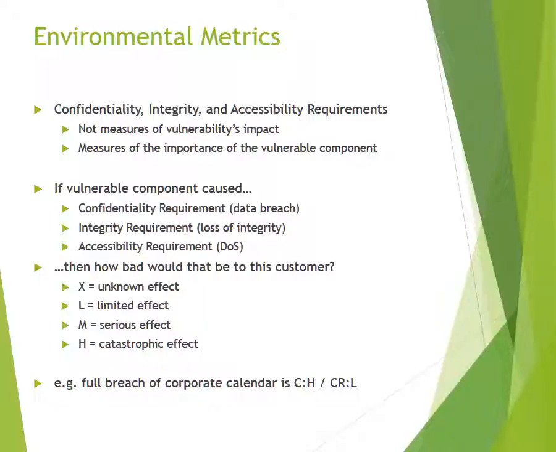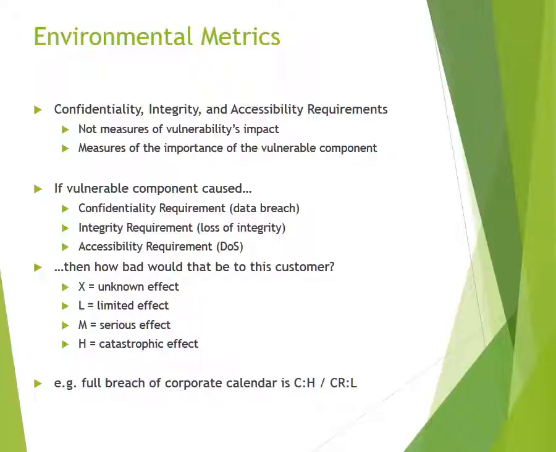And an example, which I have at the bottom, is let's say you have a corporate calendar that is protected by a piece of code. If that code is vulnerable such that the entire corporate calendar can be divulged to an unauthorized person, then the confidentiality has been fully breached. And that's why you'd get a C:H score. You'd give that in the base metrics.